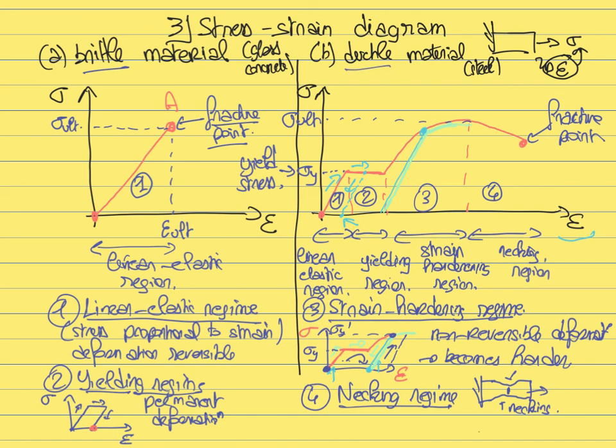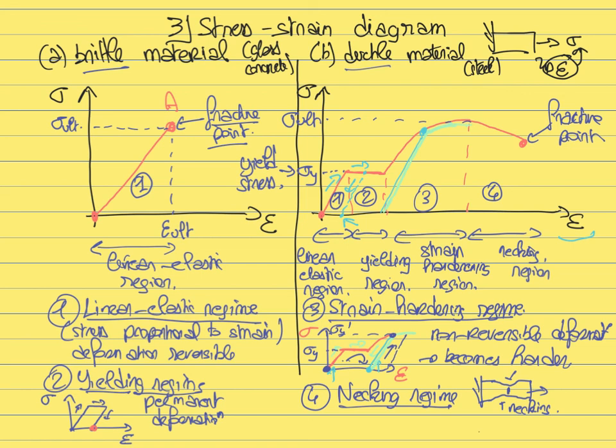So again, for a ductile material, you have those four stages. Initially, at low deformation, it behaves like a brittle material in the linear elastic domain. Then at some point it will start to show some yielding. This is where you start to have some non-reversible plastic deformation.